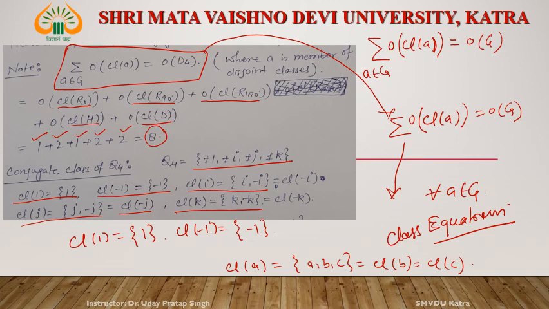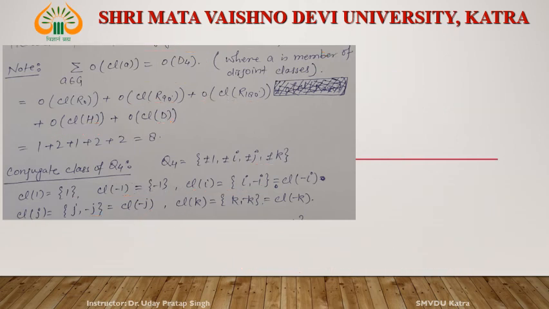Now verify the above equation: the summation of the order of CL A for all A belonging to Q4 is equal to the order of Q4. Why? Check.